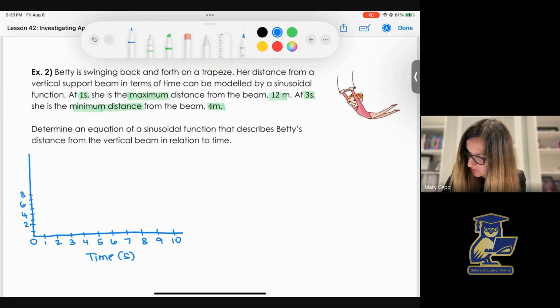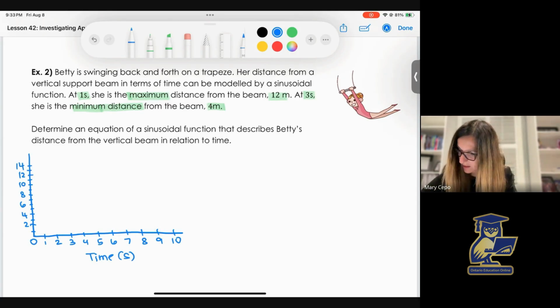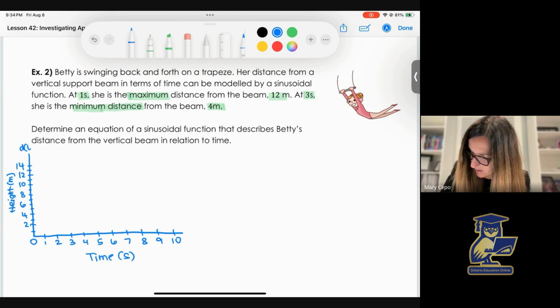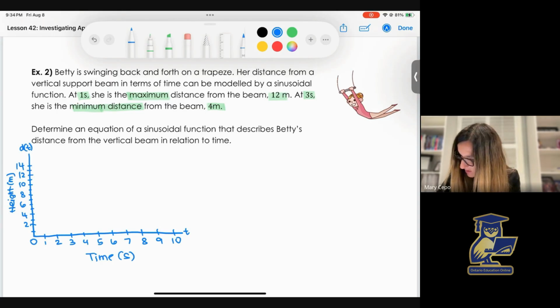Which is a quick sketch. Okay, and this is our height, the distance. Okay, so we know that after 1 second, she's at her maximum, which is at 12.